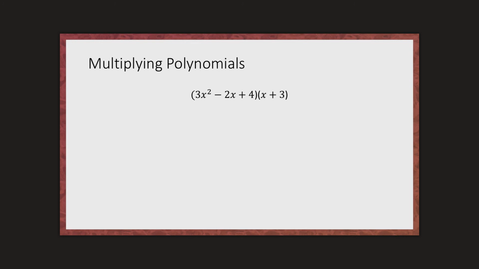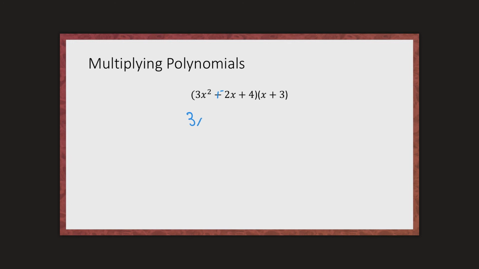Excellent. This will be the last one we practice. Now we have a trinomial in front times a binomial second. And I'm still going to set it up exactly the same way. I'm going to take this minus sign here and make it a plus negative. But other than that, I'm going to take each of the terms in my first trinomial and multiply each of those terms by x plus 3.